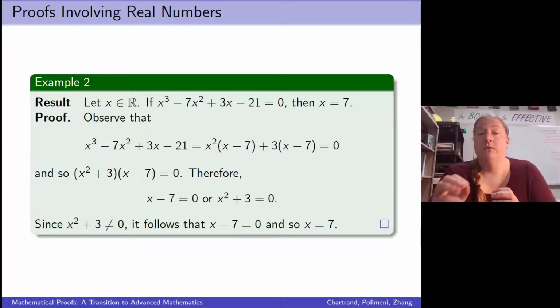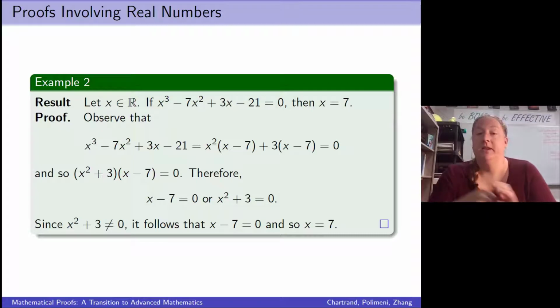When I factor a 3 out of the second pair of terms, I'll get a 3 times the quantity x minus 7. Now, I have a number times x minus 7, and then a number times x minus 7. So now I can factor out an x minus 7, and when I do so, I get the result x squared plus 3, that quantity, times the quantity x minus 7 equals 0.